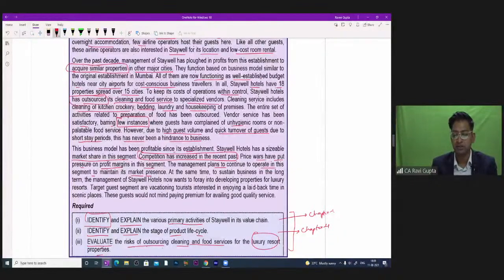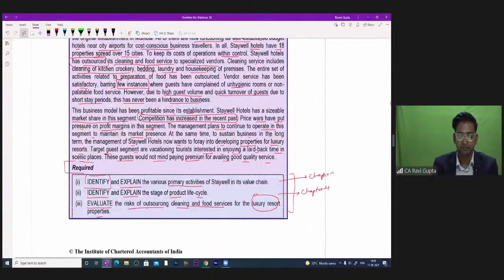At the same time, to sustain the business in the long term, the management of Staywell Hotels now wants to foray into developing properties for luxury resorts. Target guest segments are vacationing tourists interested in enjoying a laid-back time in a scenic place. These guests would not mind paying a premium for availing good quality services.